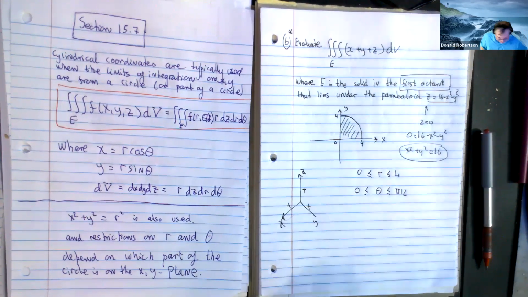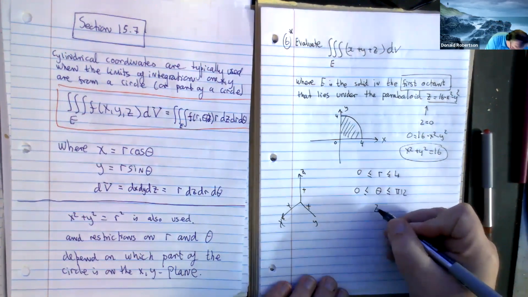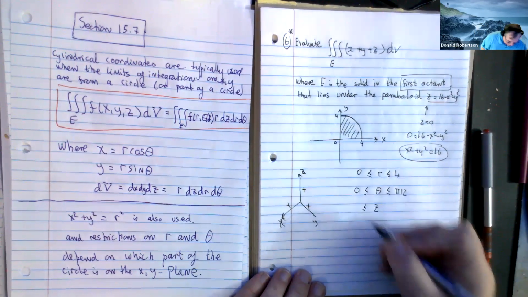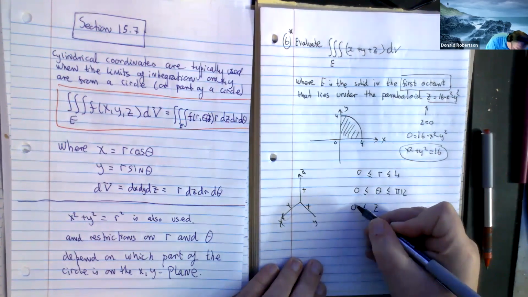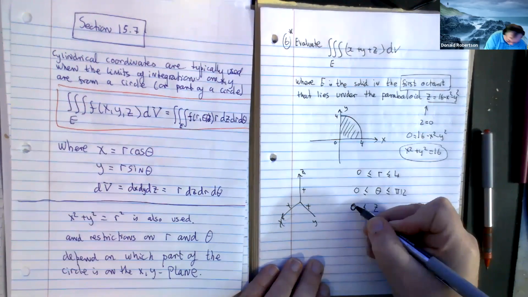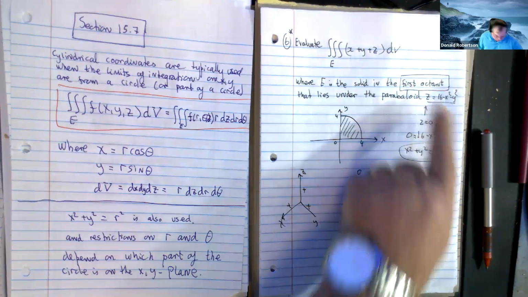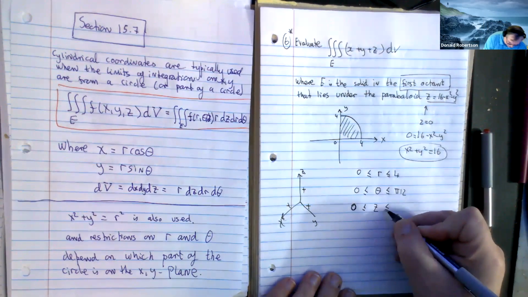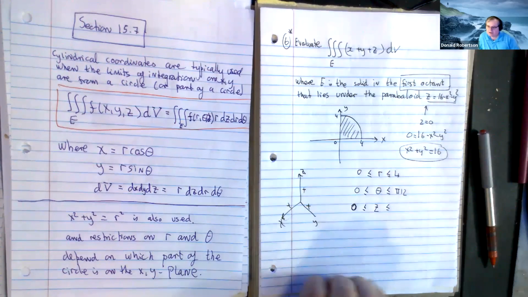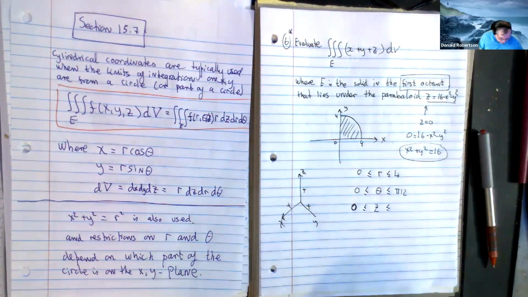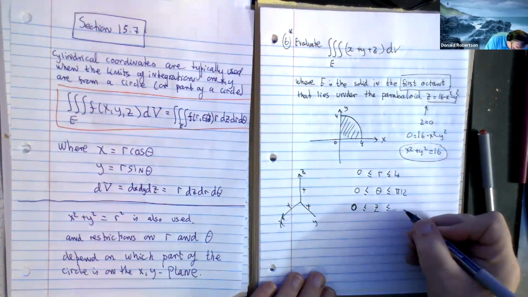Now, the z is a little bit trickier. I'm assuming that it hits the floor because there's no indication that it doesn't. But the other side of the z is this expression. But this has x's and y's in it, and I don't want x's and y's in it.